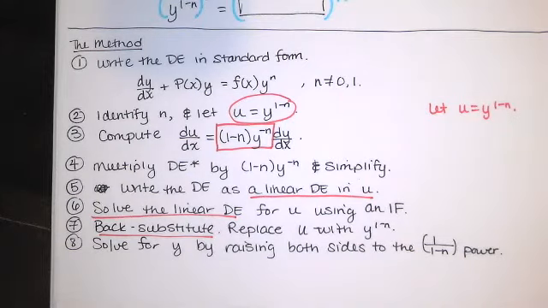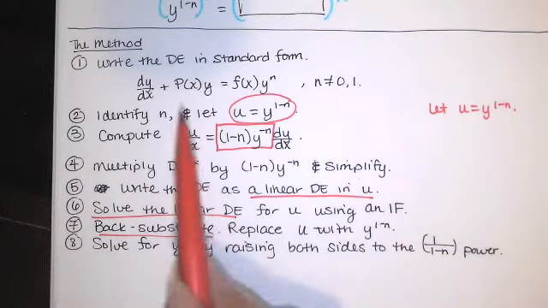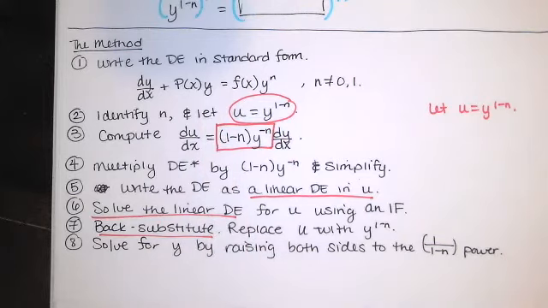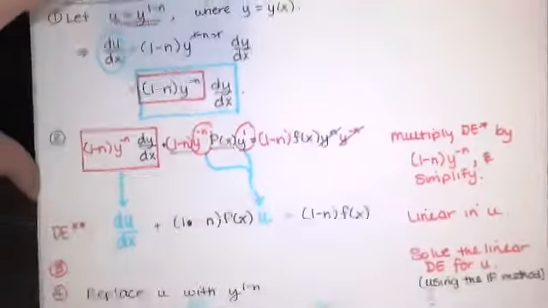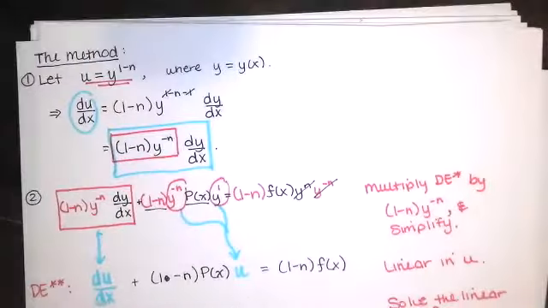So it's just another substitution method that reduces a differential equation that can't be solved with the earlier methods to an equation that can be solved with the earlier methods. So making this substitution, we make it first order linear and we solve that equation instead. Okay, so that's the method. That's the messy first version of the method and why it works and how it works. Now let's work an example.